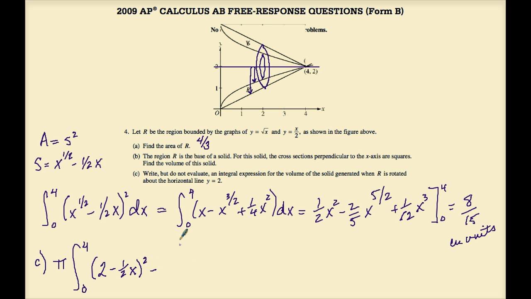We'll subtract from that the volume that is formed from the inner radius. That inner radius will be 2 minus the inner function curve, the square root of x, quantity squared. And of course, this will be integrated with respect to x. For this question, we just need to set up the integral. We don't need to evaluate.